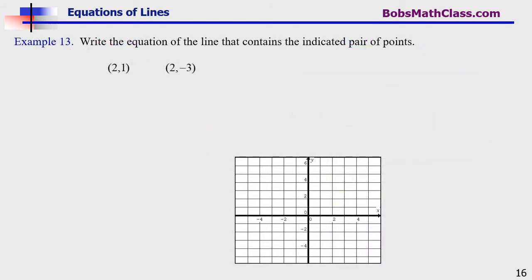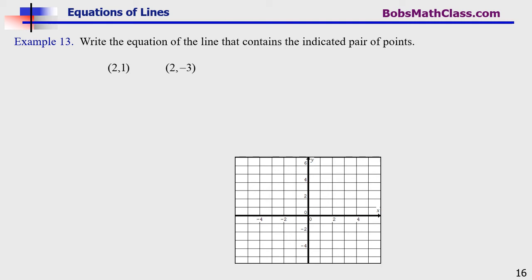All right, example 13. Write the equation of the line that contains the indicated pair of points, (2, 1) and (2, negative 3). We have two different points here. Let's find the slope. What's that formula for slope?